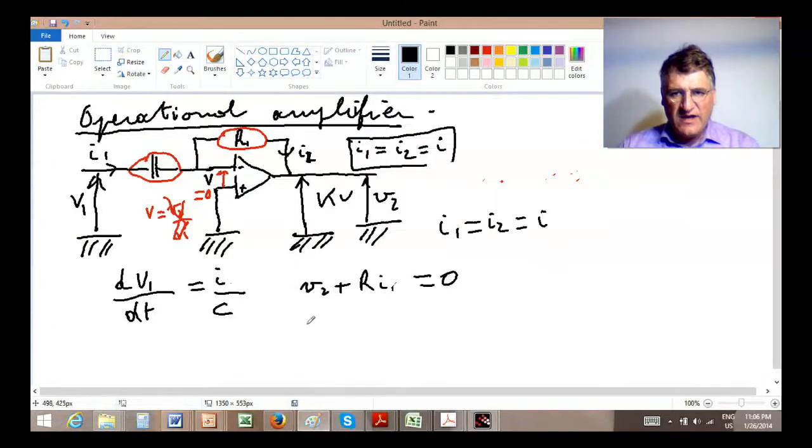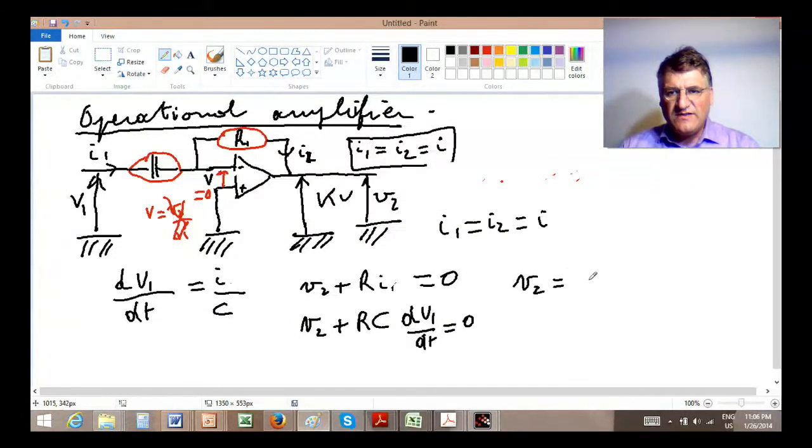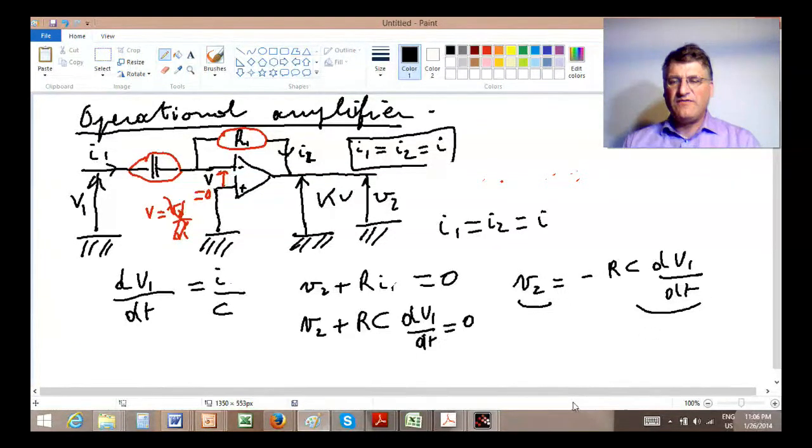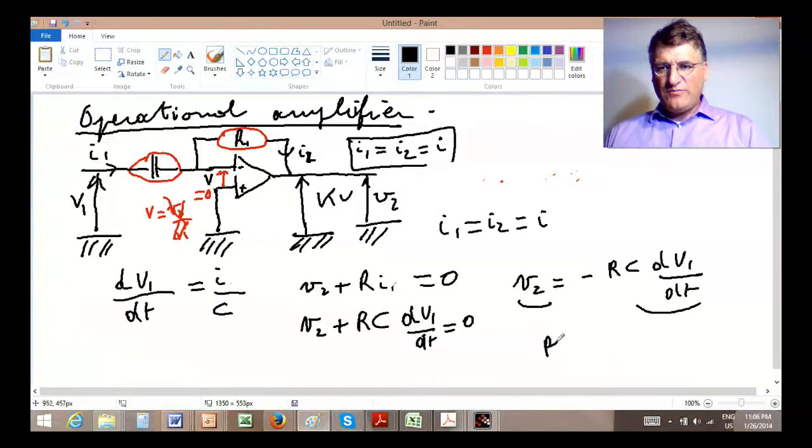Now what do I get? I get that V2 plus R times C dV1 dt is equal to 0, or V2 is equal to minus RC dV1 dt. The output voltage is the derivative of the input voltage. So that's a pure derivative.